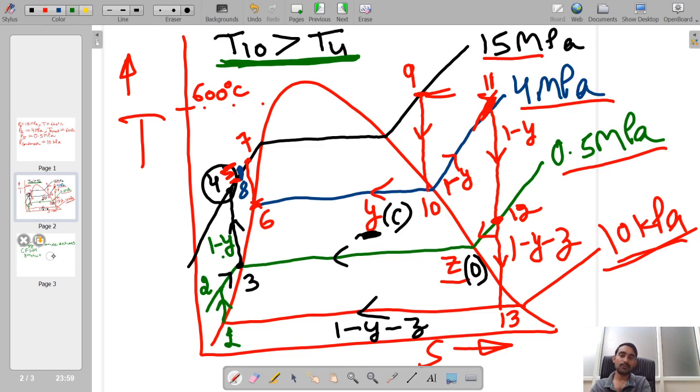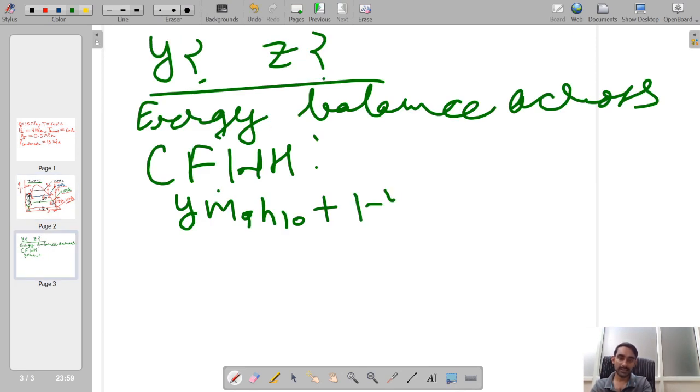So plus I can write 1 minus Y times of M9 into H4.